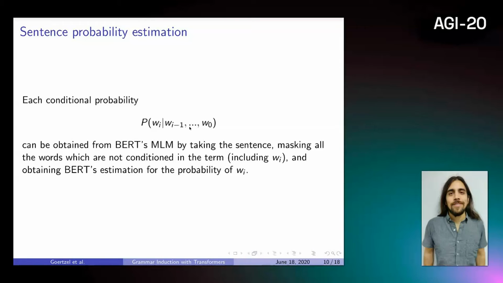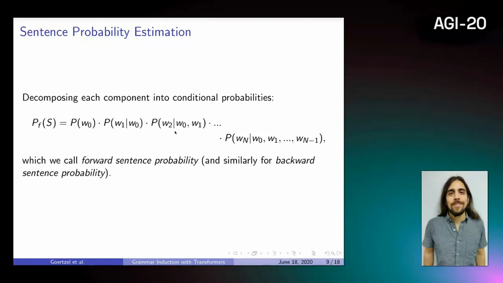So all of these words are unmasked, and you mask Wi and all the words that are not included in this term, and then you obtain the probability of that specific term, and you do that for every term to obtain the forward probability.